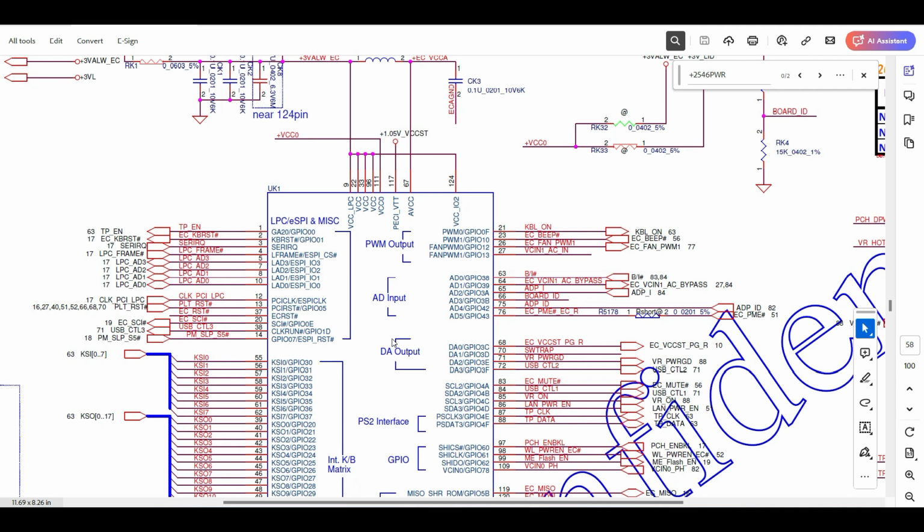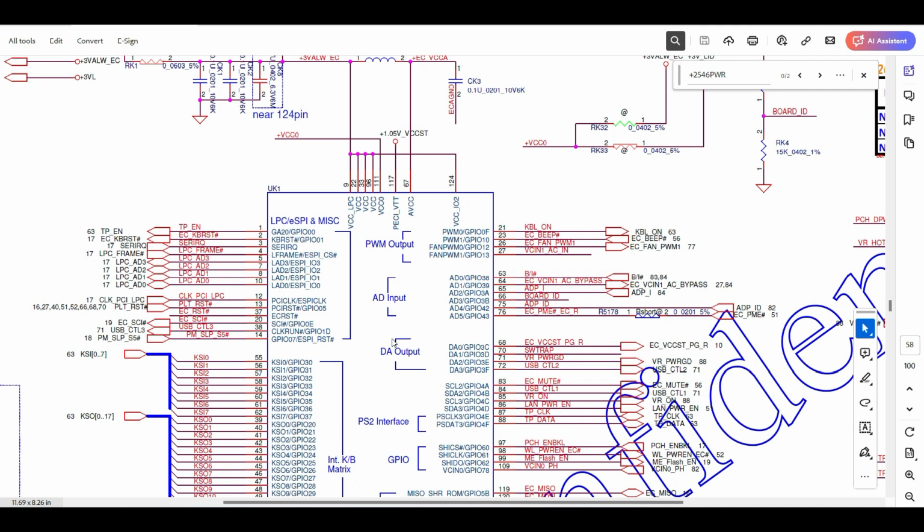Once you press the power button, the power button related voltage, power button out, lid out, and RSM RST. These three signals, and RSM RST is the last signal. After pressing the power button, till that reset, all voltages should be present.